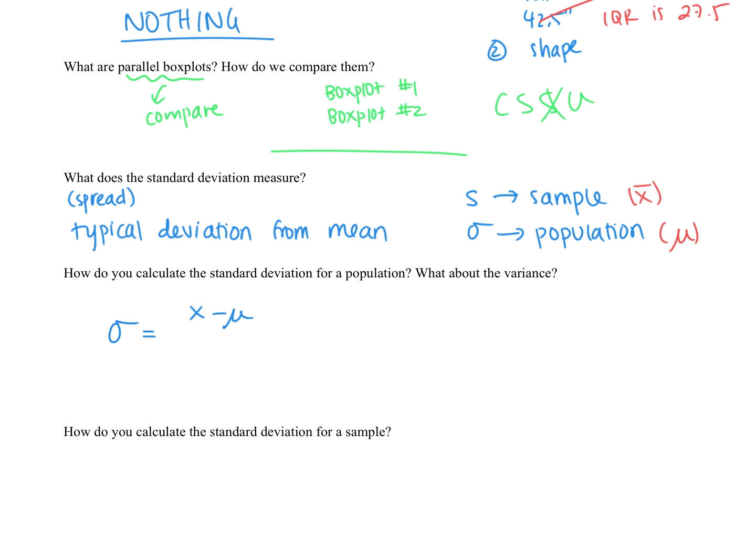Now, because some of those numbers are positive and some are negative, you end up squaring that quantity for every observation. Then you're going to have to add them up. Typical means average, so we're going to have to divide by how many there are. And lastly, because we squared, you're going to end up taking the square root again.